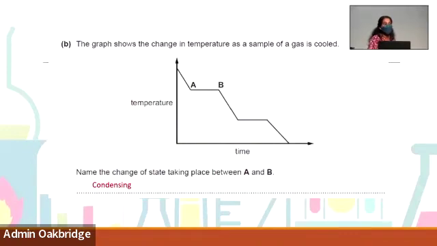What will happen during the condensing? The temperature will drop, right? From steam to liquid means the temperature is dropping, becoming room temperature, and the particle arrangements are differentiating. How are they differentiating? Because in gas, the particles are arranged very far apart, but in liquid, the particles are arranged with a very, very small space in between. Right?